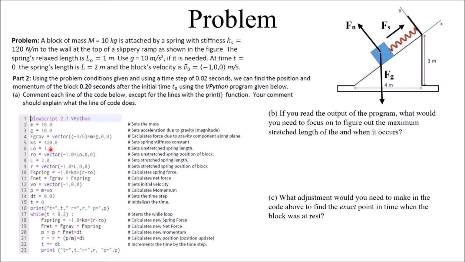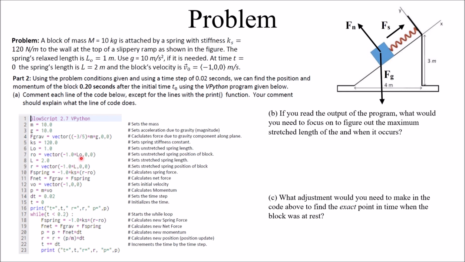We're going to set the relaxed length of the spring to be 1. We're also going to set that position to be -1 in terms of the unstretched length, because we know that our origin is at the top of the ramp. We know that our length currently at the beginning of the problem is going to be 2 meters, which sets that initial position to be -2.